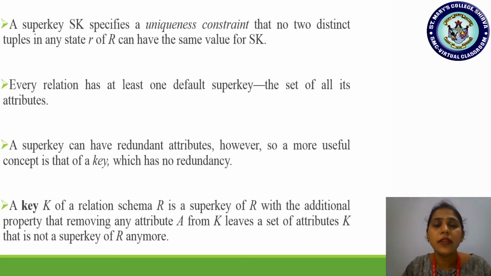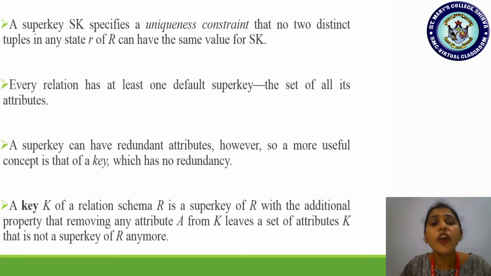For example, in the student relation, student roll number, comma name, comma age. If I remove name, which one is remaining? Roll number, comma age. If I remove only age, only roll number and name is remaining.